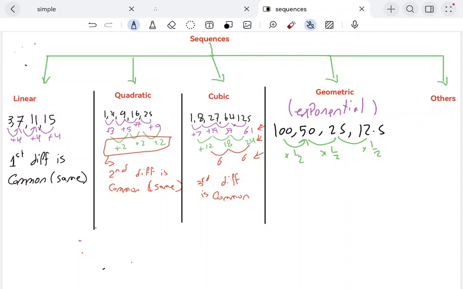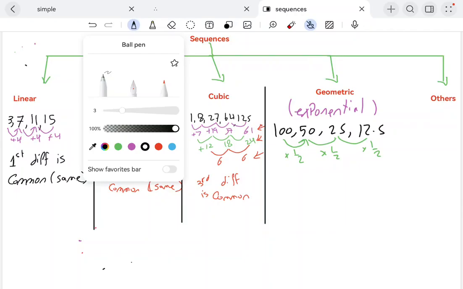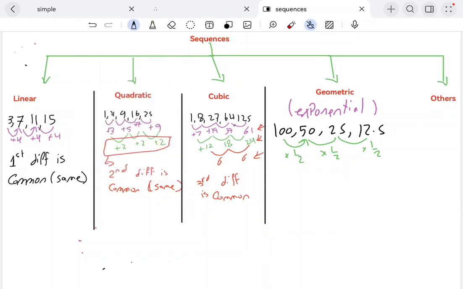That's called the common ratio. So how do I know if it is a geometric, exponential sequence? You'll find a common ratio. Someone may ask, what do you mean by ratio?